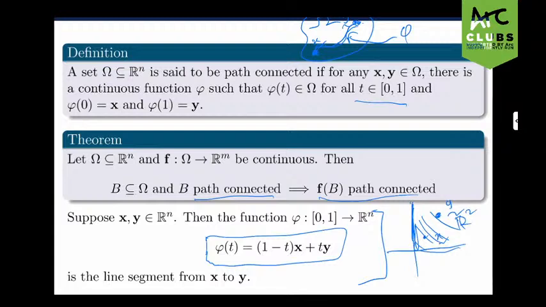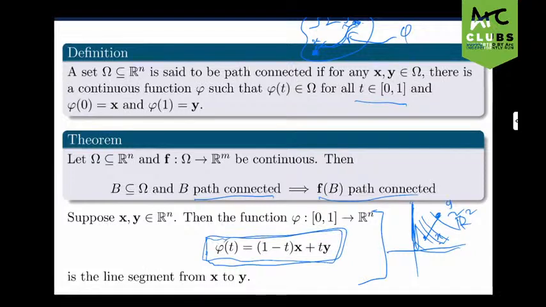By looking at this graph, it's pretty obvious that I can just use a line segment to join them together. And the line segment is obviously continuous, and it's always going to lie inside the first quadrant. So that's where you begin your proof. Then you say, okay, I'm going to let my function be this line segment connecting x and y. And then what do I need to do next?